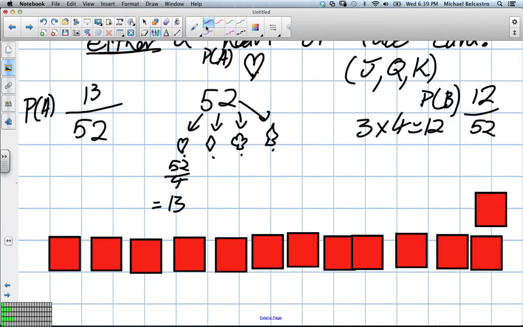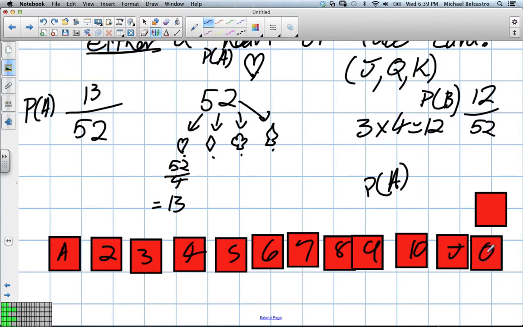These are all hearts, we'll say. These are the probability of event A, and we know all of them: ace, 2, 3, 4, 5, 6, 7, 8, 9, 10, jack, queen, and king. That was our probability of event A.